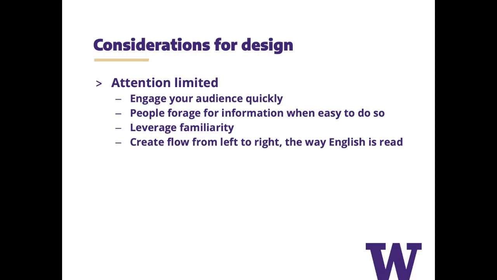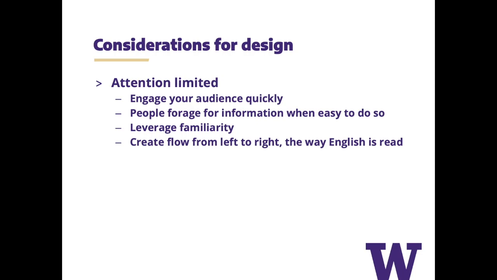If it's easy to do so, they'll take time to gather that information. But if it's too burdensome, like the blackberries that are entangled in thorns, they're just going to pass on and move on for the information that they can easily gather.